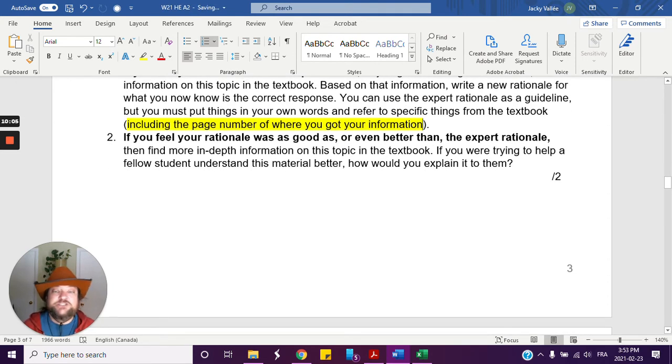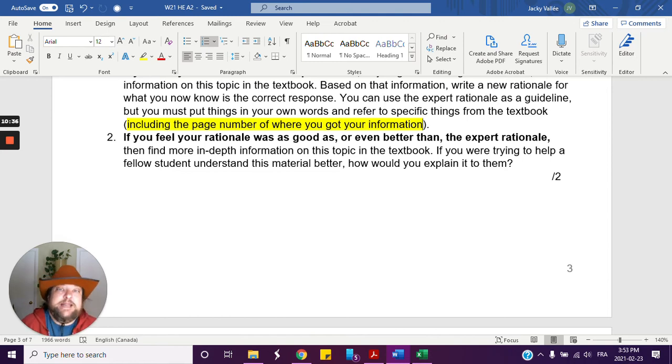If you feel, again, for those of you for whom this has been fairly easy, your rationales are all similar to the expert rationale, maybe you even went a bit above and beyond in your own rationales, one good strategy for learning in a deeper way is thinking how we can turn around and explain things to a complete novice. So maybe you have a younger sibling at home, or older siblings, or parents, a partner, or friend, who's not in this course and wants to know about what you've been learning.